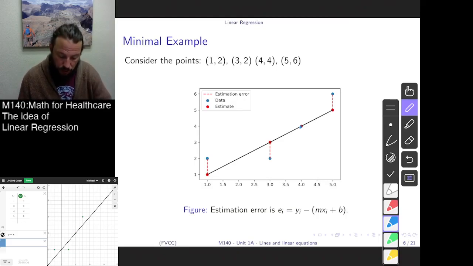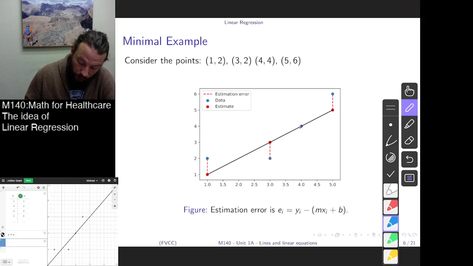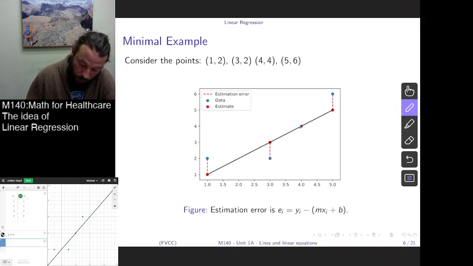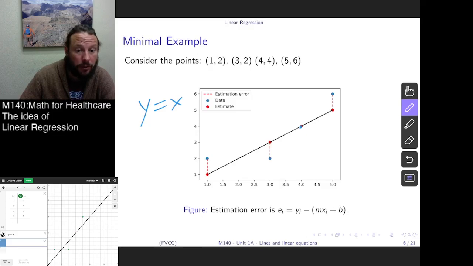Here, we drew in the line. If you could see it, maybe try and guess what it is, but notice where it goes through. We tried the line y equals x, and by the way, that line is graphed down in my lower left screen there.